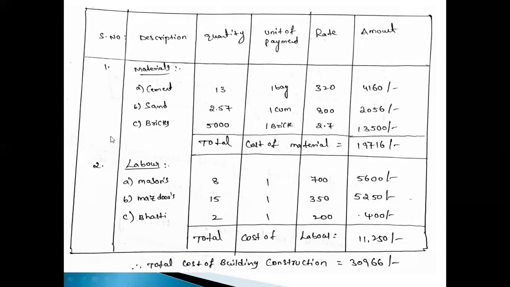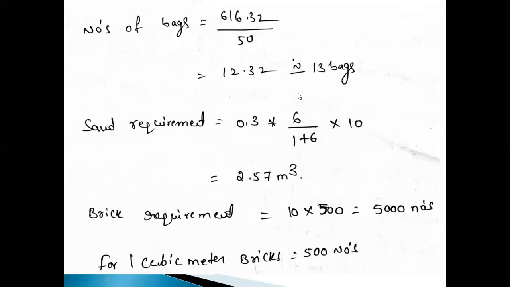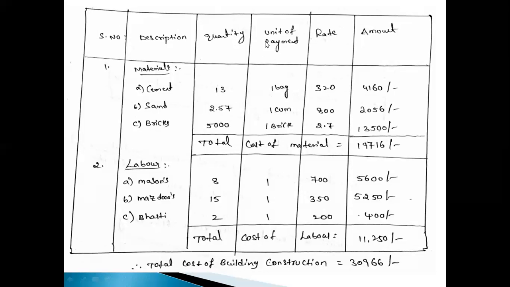We find the cement is 13 bags. Requirement of cement, 13 bags. So next, unit of payment is each one bag. Rate is 320 rupees. This rate is given in the problem.